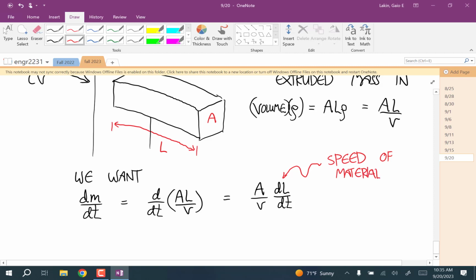So the speed of the material passing through the inlet or the outlet, whatever that is, the exit.